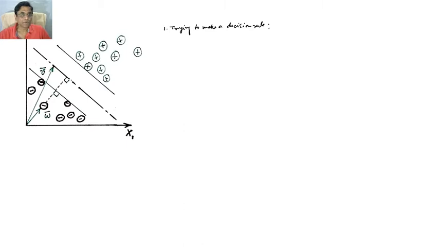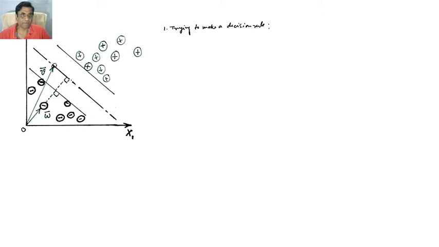We consider any arbitrary point with position vector v, and we are trying to formulate a decision rule, and we have defined w as a vector perpendicular to the gutter.